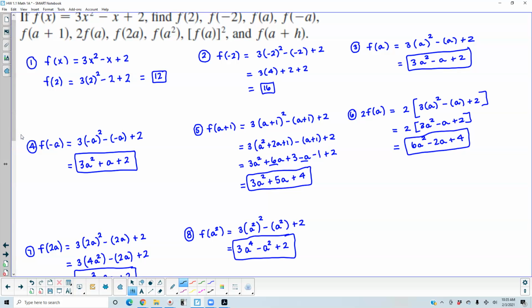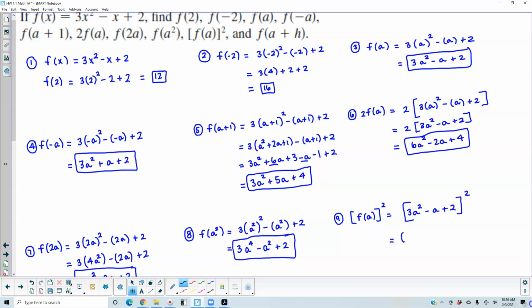Okay, so the next one, we want to take the function f of a and then square it. So that means that if we plug in a into the function, this is 3a squared minus a plus 2, and then we want to square that.